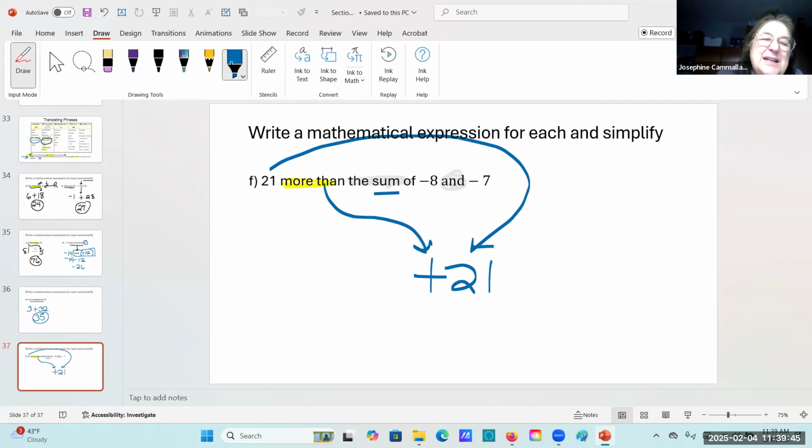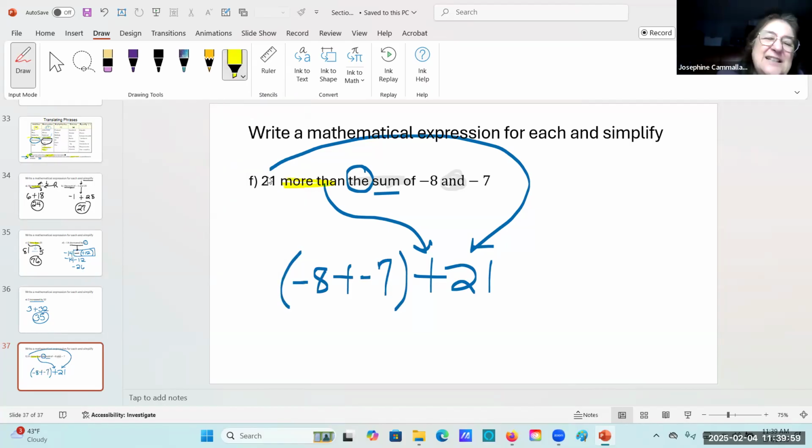But sum, because it has the word the in the middle, -8 and -7. This plus is the more than.